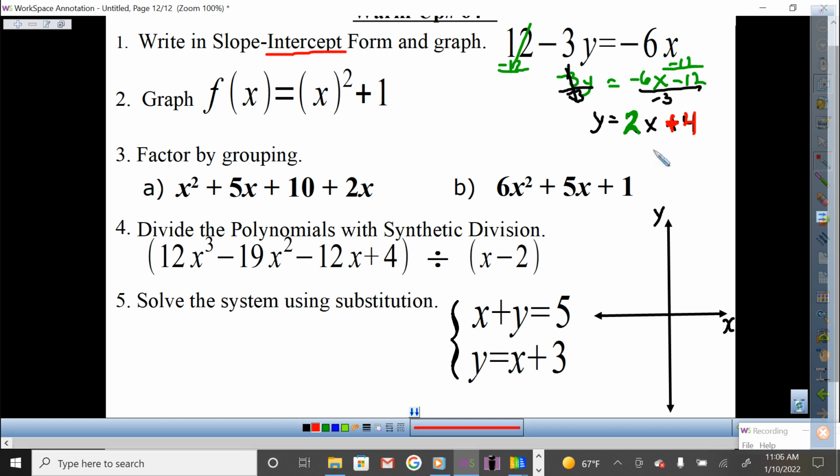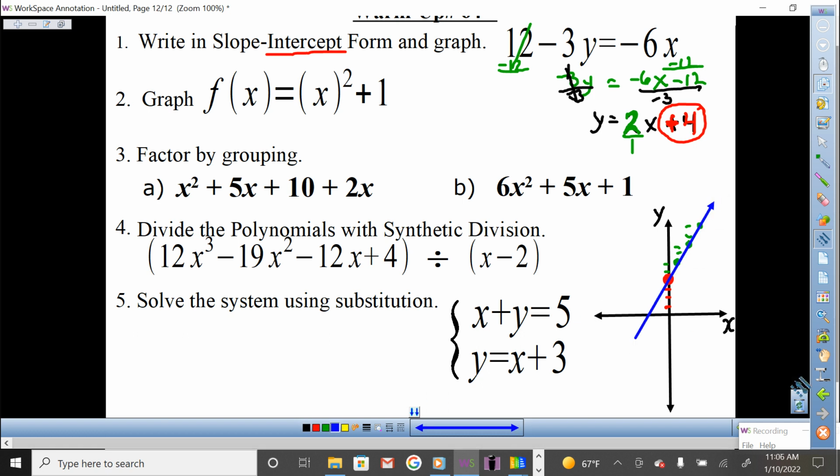I start with my constant, which is y equals 4. So y equals 4 is about right there: 1, 2, 3, 4. And my slope says to go up 2 and 1 to the right every step. So I go 1, 2, 1 to the right, plot my point, do it again, and again, and graph my line.